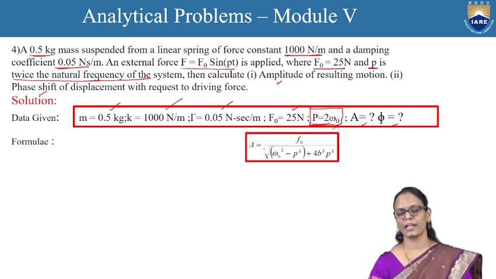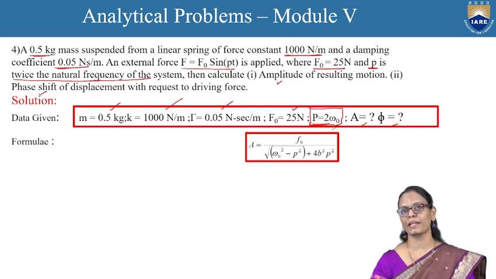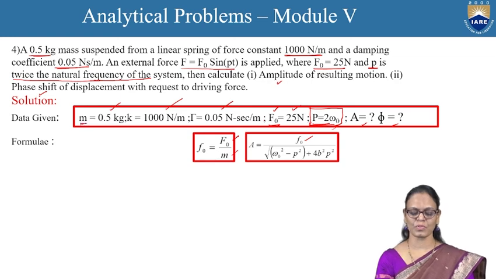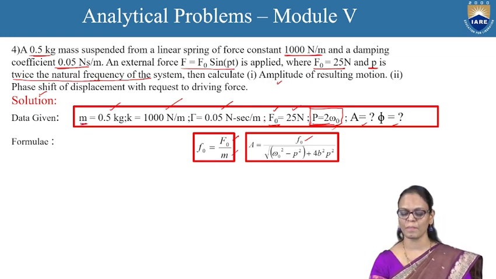The formula for amplitude A is f naught upon under root of omega naught square minus P square whole square plus 4B square P square. This is the formula for amplitude. So how do we get f naught? f naught is not given. We are given capital F naught. So small f naught is equal to capital F naught upon M. So you have F naught, you have M, so we can find out f naught.